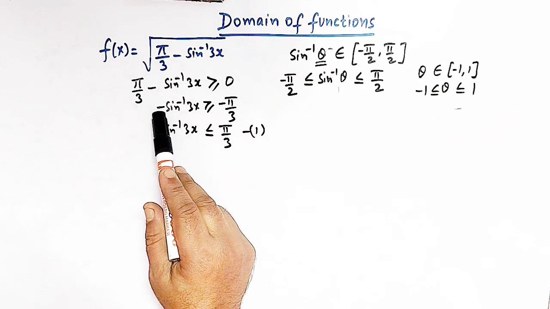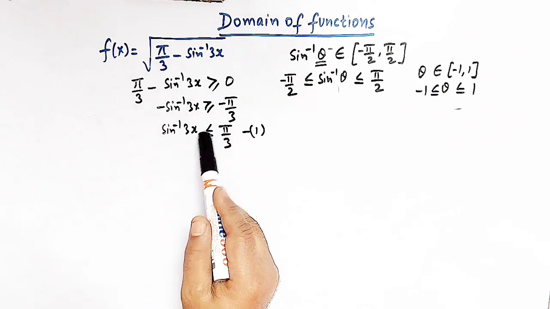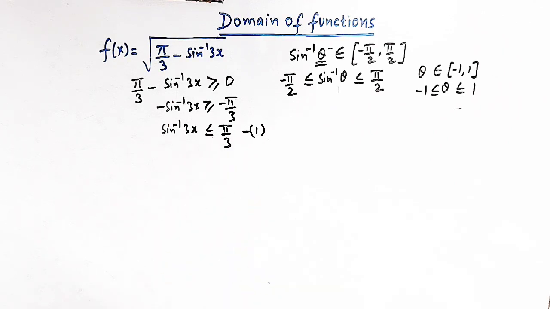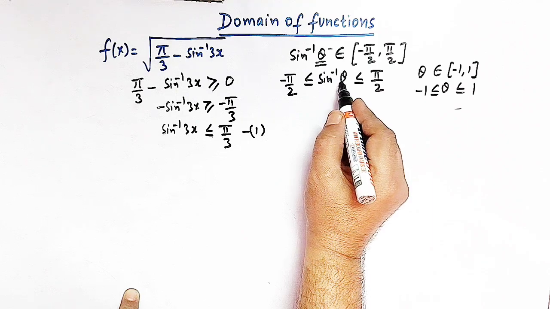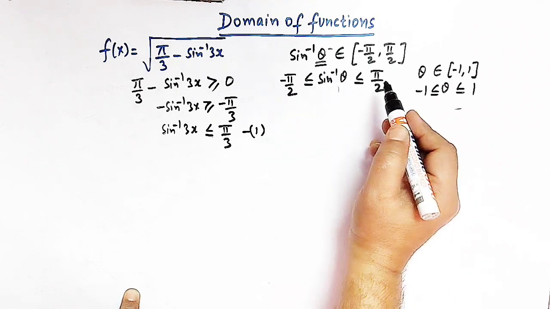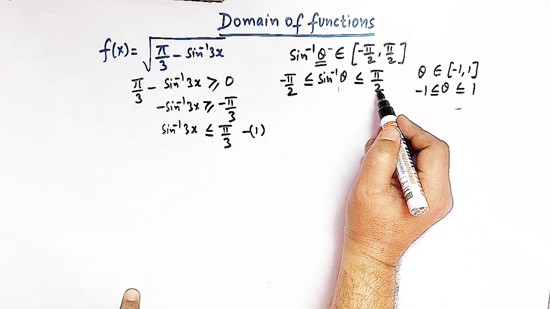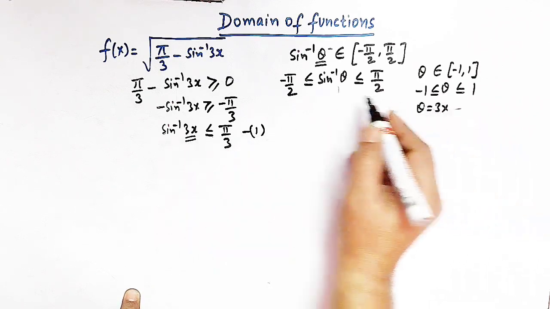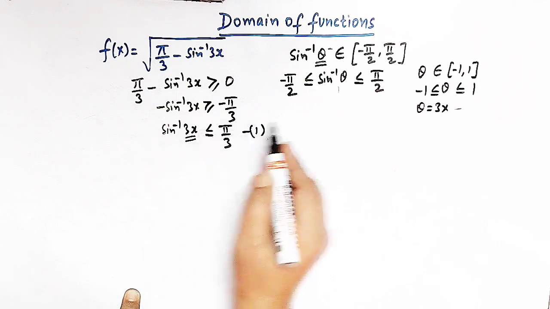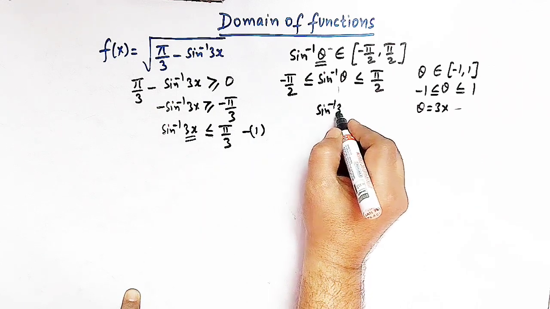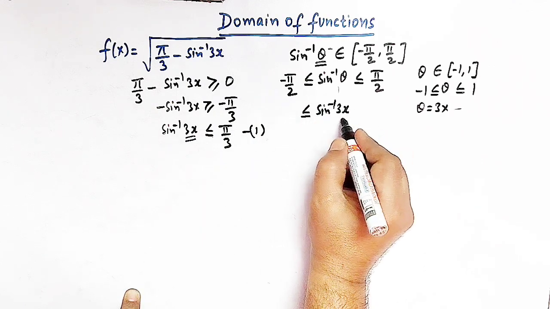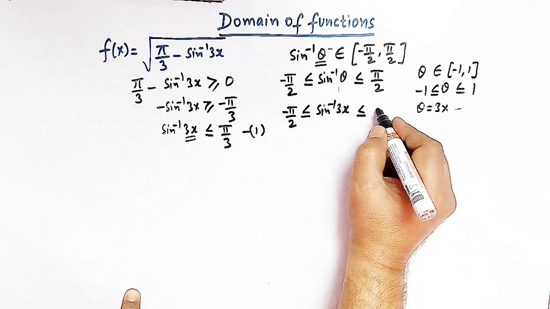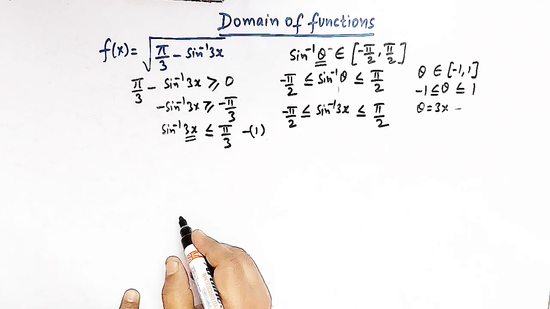When we cancel these two negative signs, the direction of the inequality gets reversed, right? Now here we have sine inverse theta greater than or equal to minus pi by 2 but less than or equal to pi by 2. If we take theta equal to 3x, then for sine inverse 3x we can write that sine inverse 3x is greater than or equal to minus pi by 2 but less than or equal to pi by 2.